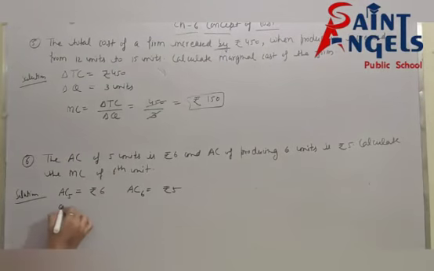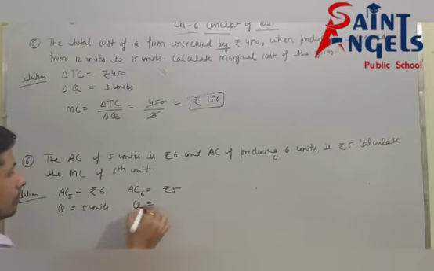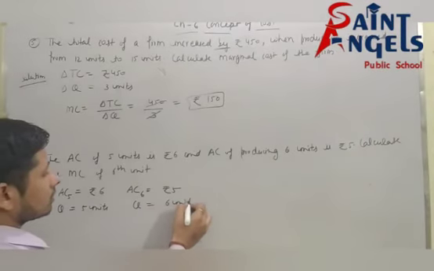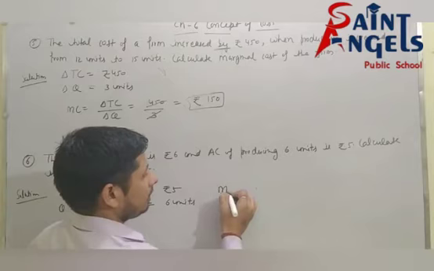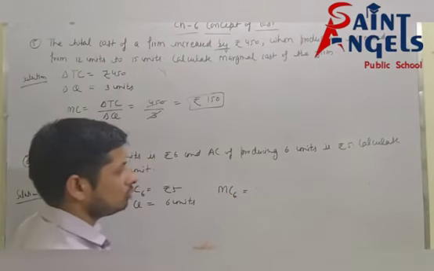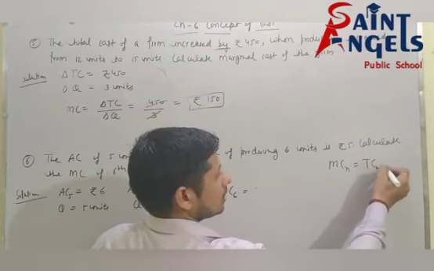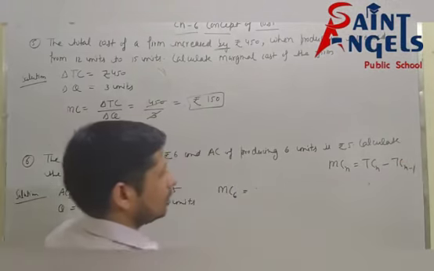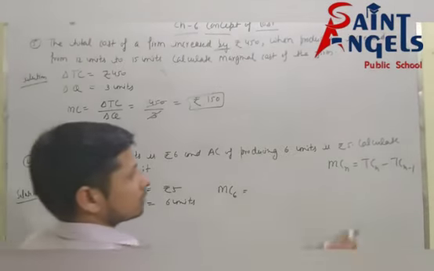According to this, Q is 5 units, and according to this, 6 units. Calculate the MC of 6th unit, means we have to find MC6. You know that what is the formula of MC? MCn is equal to TCn minus TCn minus 1, but total cost is not given here. So first of all we will find total cost.